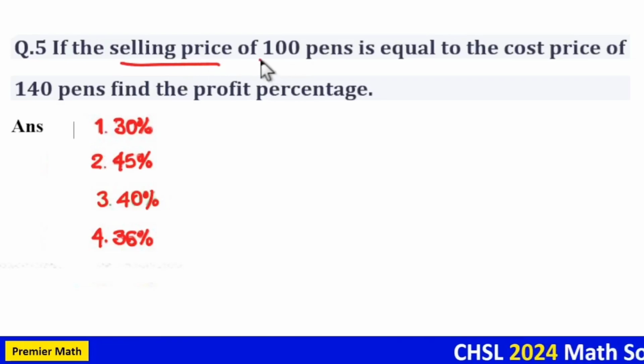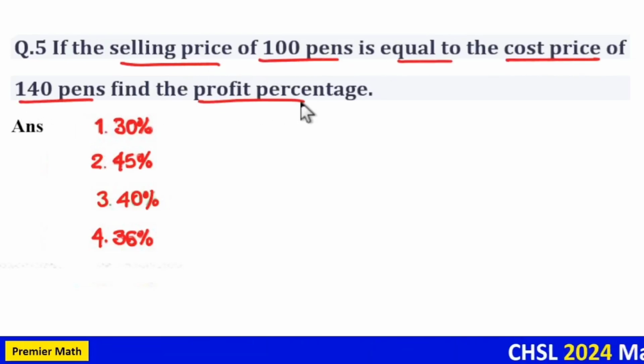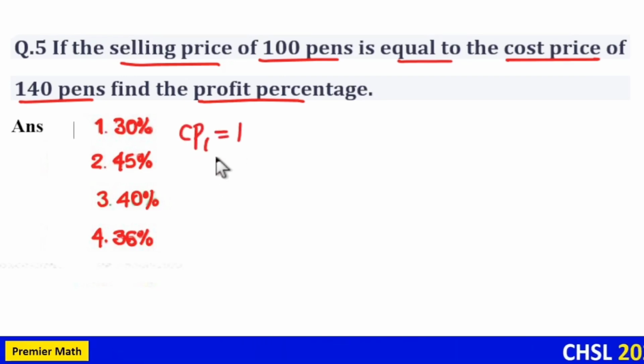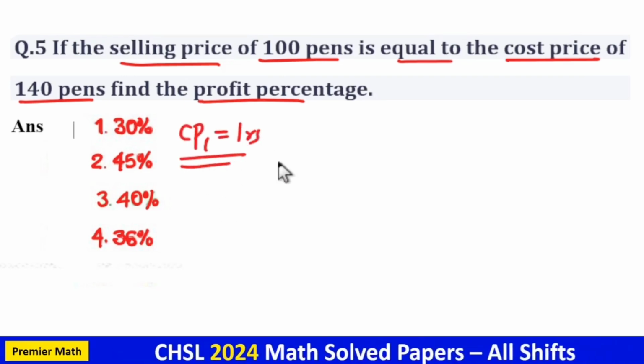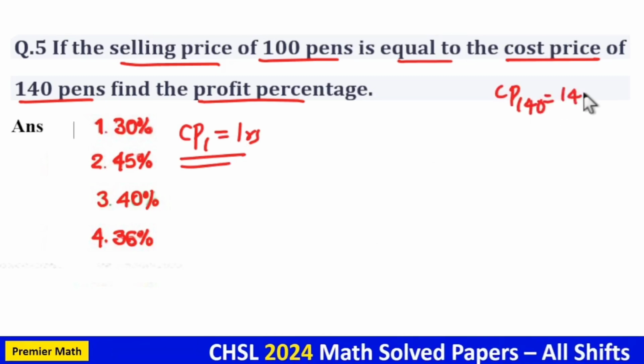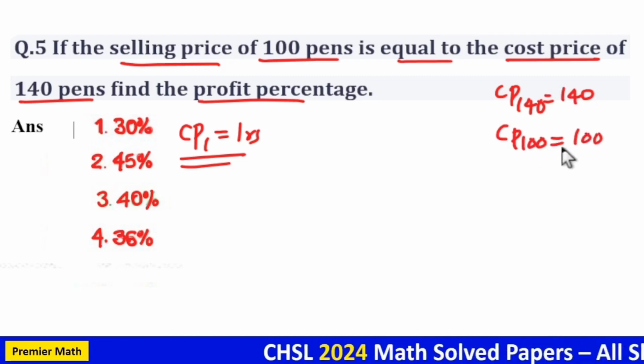If the selling price of 100 pens is equal to the cost price of 140 pens, find the profit percentage. Consider cost price of 1 pen as 1 rupee. Then cost price of 140 pens is equal to 140 rupees and cost price of 100 pens is equal to 100 rupees.